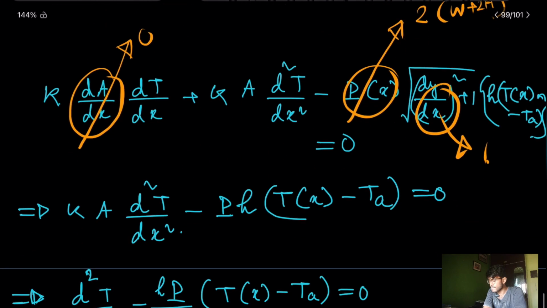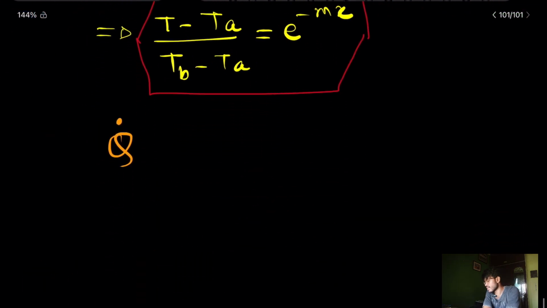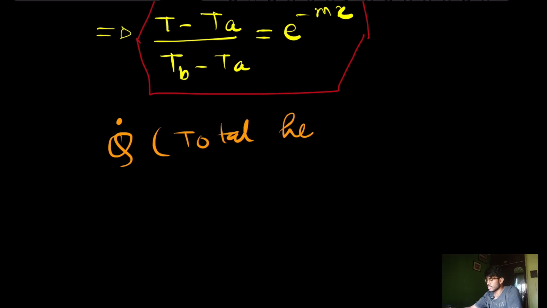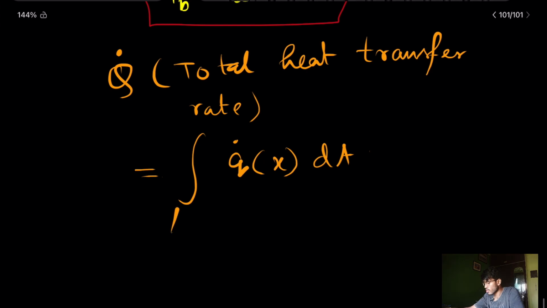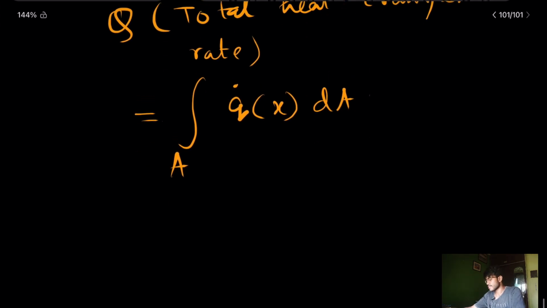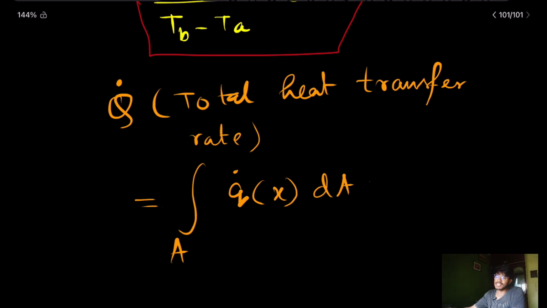So one option is, if you have to find the total heat transfer rate, then that will be equal to, you can integrate small qx into dA all over the surface area of the fin. You can do it, because you know A as a function of x; here A is a constant.